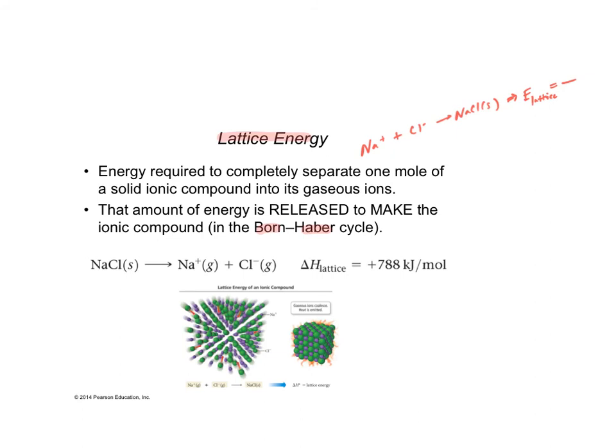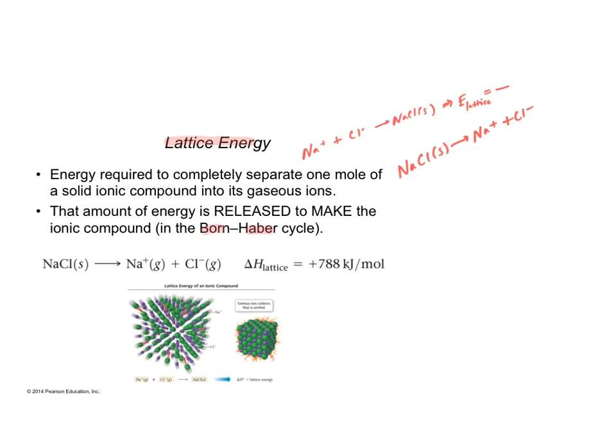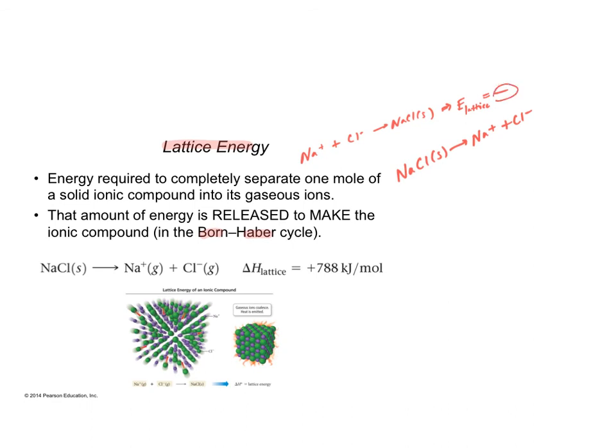If we want to estimate how strong an ionic bond is, we're going to use the reverse of this, which is taking the ionic compound and breaking it apart into its component ions. This differs depending on the textbook that you utilize, but just note lattice energy is negative, right? Again, it's the energy released when these guys come together to form their compound. If we're going to use the reverse of this, though, what am I going to do with respect to the sign?